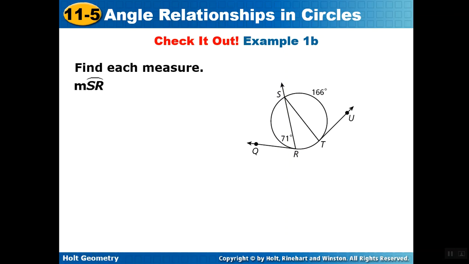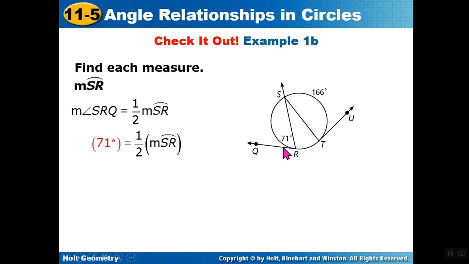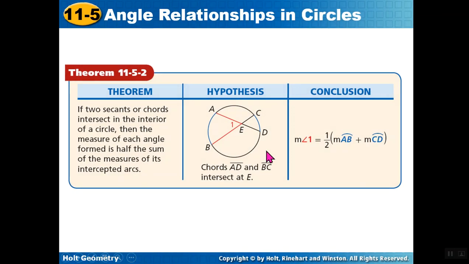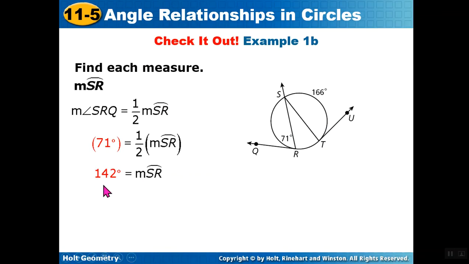So as we knew in the theorem, this angle is half of this arc. Measure of this angle is equal to half of measure of this arc, or measure of this arc is double this angle. So simply we write the theorem and we substitute, then multiply by 2 to get 142 degrees for measure of arc SR.